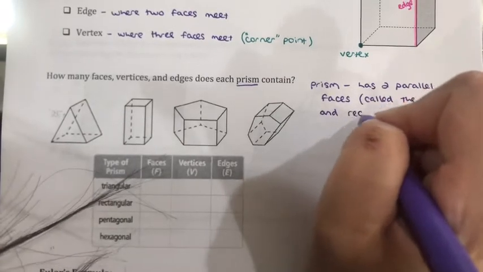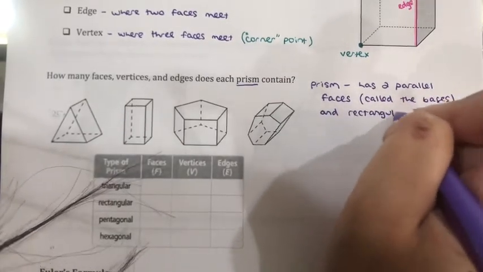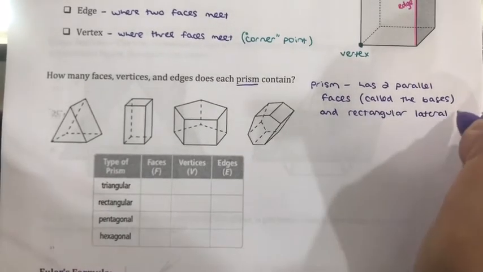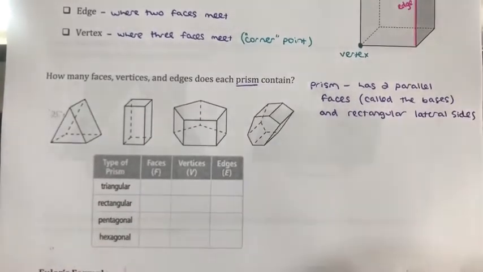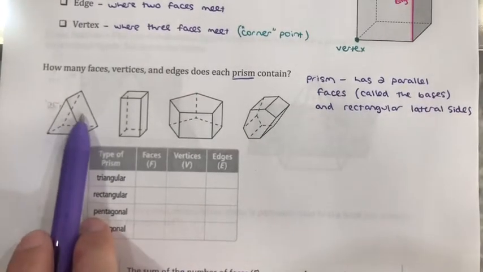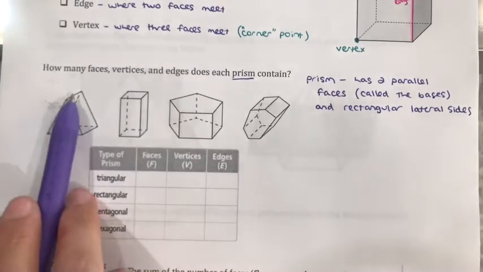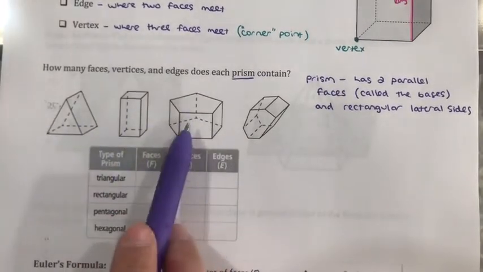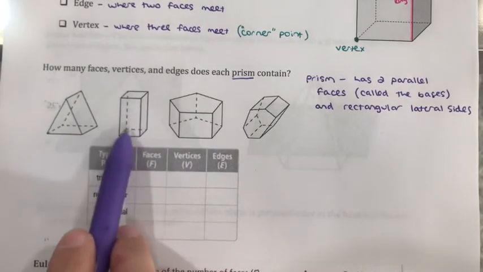And rectangular lateral sides. So if you're looking at each of these figures, for example, see those two triangles, they are parallel to each other, and the faces connecting them are all rectangles. With a rectangular prism, they're all going to be rectangles, so we're going to skip over that.